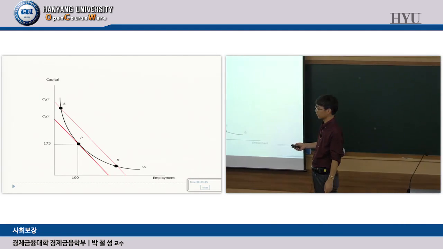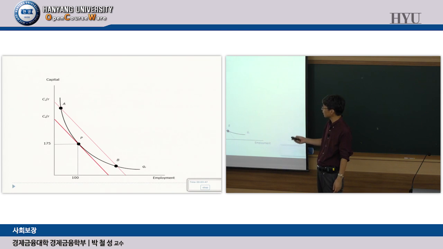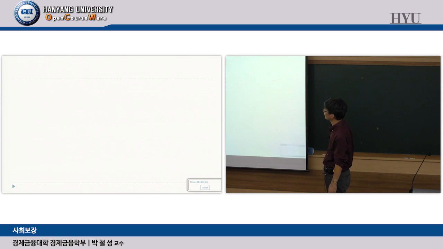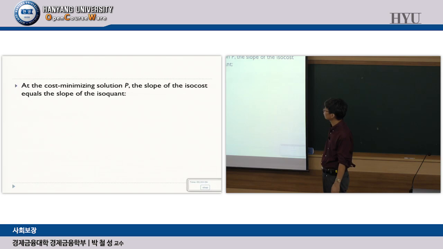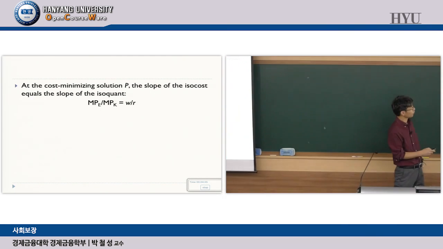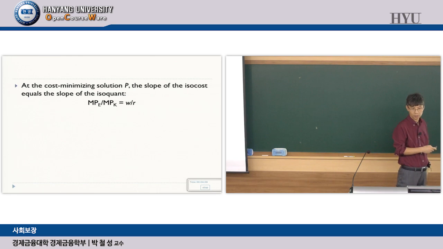At point P, we know that the slope of the isocost line is equal to the slope of the isoquant curve at point P. In a simple equation, that is MPL over MPK should be equal to W over R. So this is a ratio of the cost, right? Ratio of labor cost to the ratio of capital cost. And this is a ratio of the gain from each input.